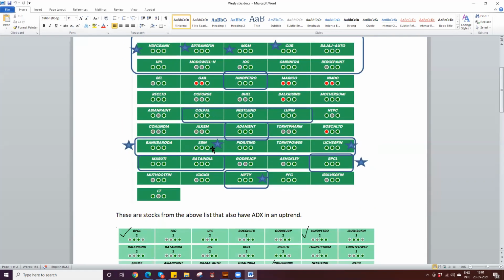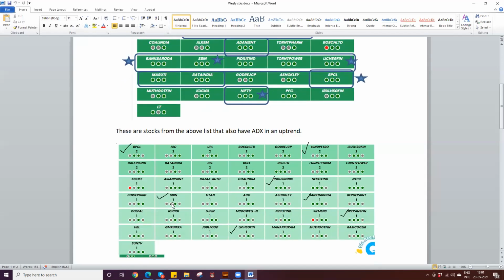One of these has been there. Then you got State Bank, you got Bank of Baroda, LIC Housing. So if you look at it, now you came down to 1, 2, I don't think IndusInd Bank was there. So maybe this is a small error. 1, 2, 3, 4, right? And then 5, and then 6. So from 9, you got 6 items wherein the ADX is also in a trend.